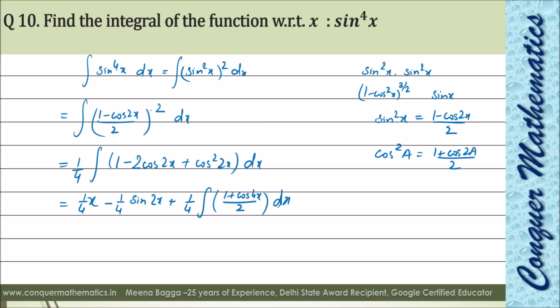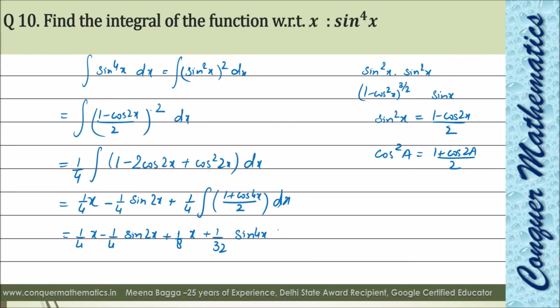Cos square 2x here will be 1 plus cos 4x by 2. Now let us just integrate it. 1 by 4 x minus 1 by 4 sine 2x plus 1 by 8 x. This will be 4 into 2, 8. Again for the next, cos 4x, integral of cos 4x is nothing but sine 4x by 4. So this will be 1 by 32 sine 4x.